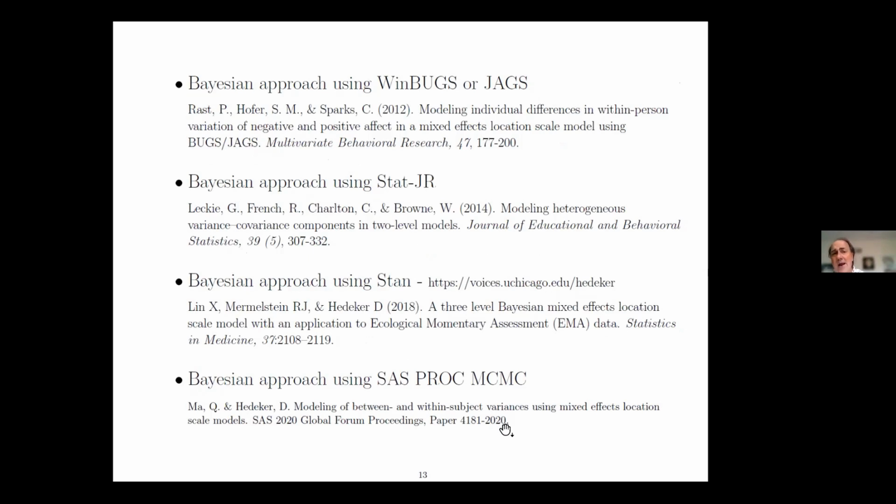So there are a number of ways of estimating these mixed effects location scale models. I've got all these references on this slide as well. If you have interest in pursuing this, you can, because many of these articles have sample code provided so that you can try the procedures out.